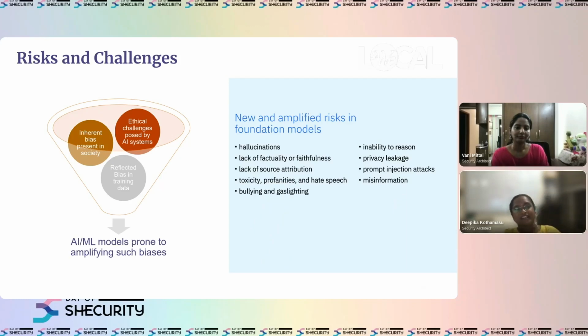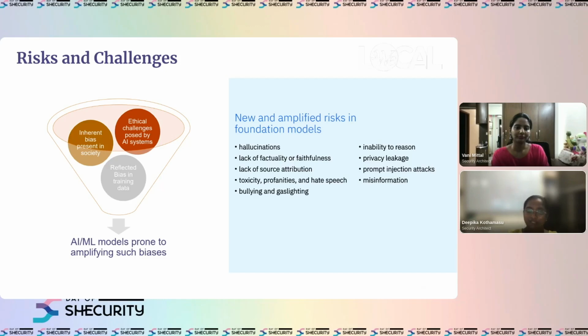Some other ethical challenges posed by AI include inherent bias. Just like society, just like how people do, AI might not treat everyone fairly. There might be biases that often come from the data we use to teach AI, so it reflects the bias, and not only that, it amplifies the bias.